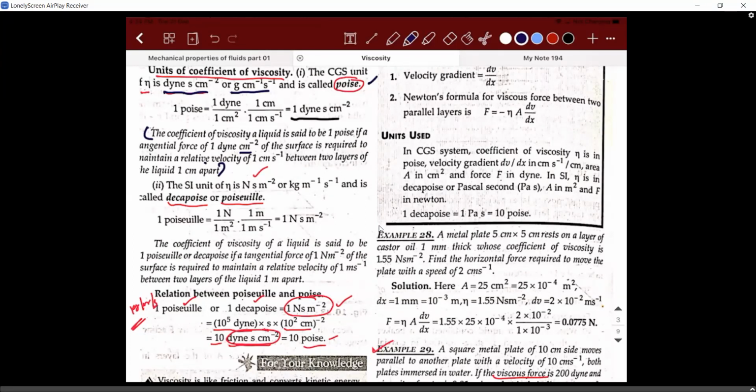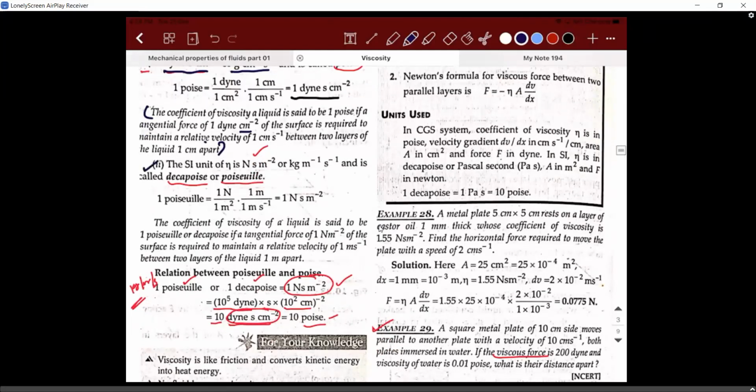So then what will become the velocity gradient? 1 by 1, it is still 1. So instead of giving dv by dx, dv is the difference between velocities, the relative velocity. That's what they have taken into consideration. I just gave you a heads up of how it is different. Secondly, what is going to be the SI unit?